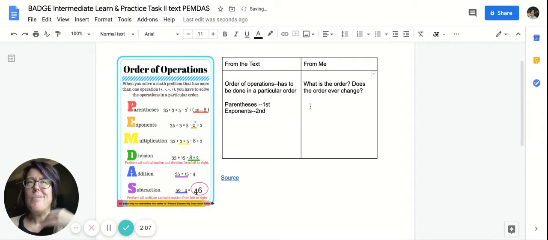So now what I'm thinking is, I'm looking at this example, 35 plus 3 times 5 minus 2 to the third divided by parentheses 10 minus 8. So I'm wondering what happens when an expression has more than one parenthesis.